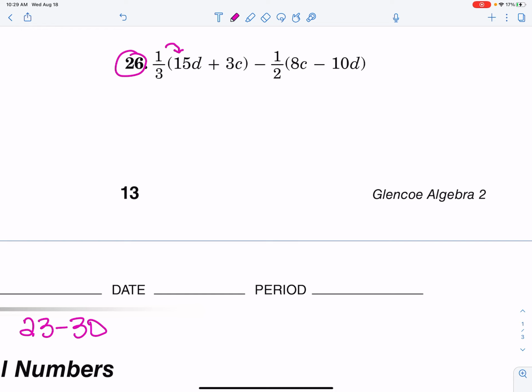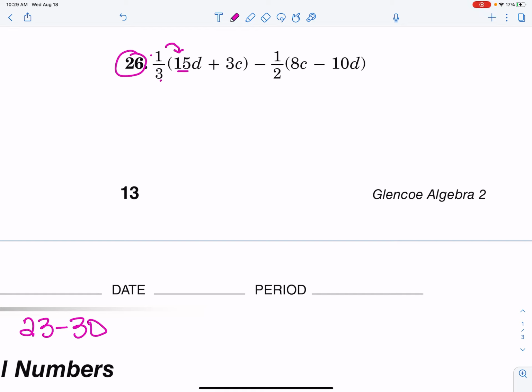So what is 1/3 of 15? Or the shortcut is what is 15 divided by 3? That's 5, and then times 1 gives us 5d. So 15d divided by 3 is 5d.